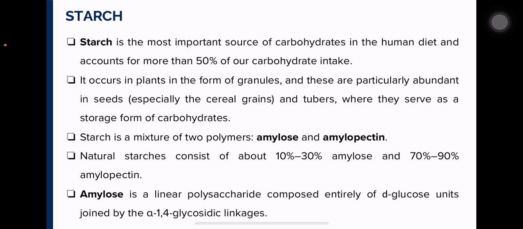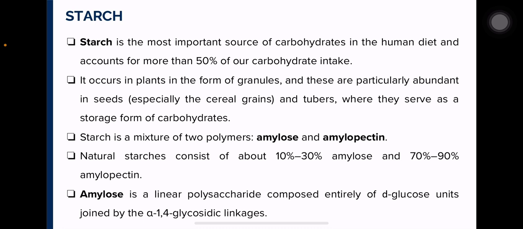Amylose consists of about 10 to 30%, and amylose is a linear polymer made of D-glucose units connected by alpha 1,4 glycosidic bonds.